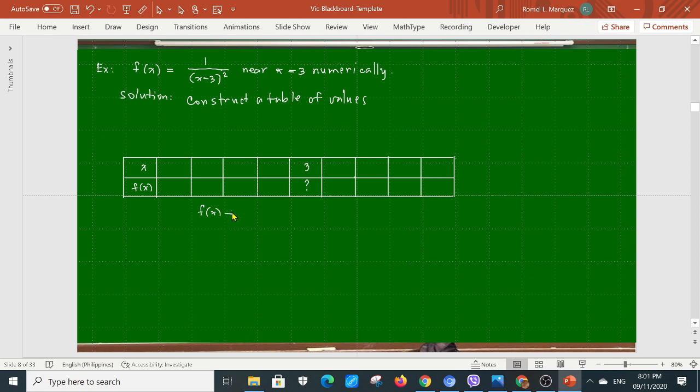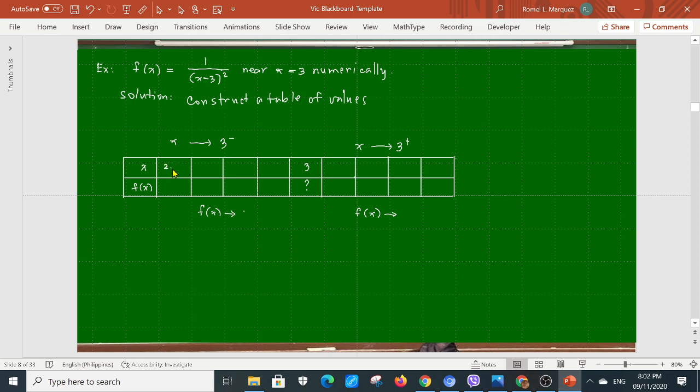Where does f of x go? What about from the left, where x approaches 3? And from the right? So let's see, what values am I going to assign?